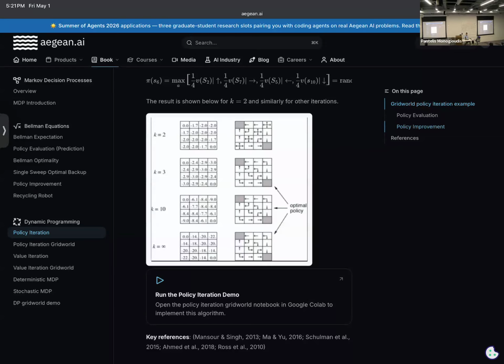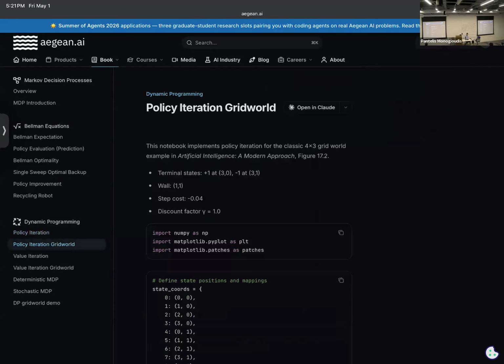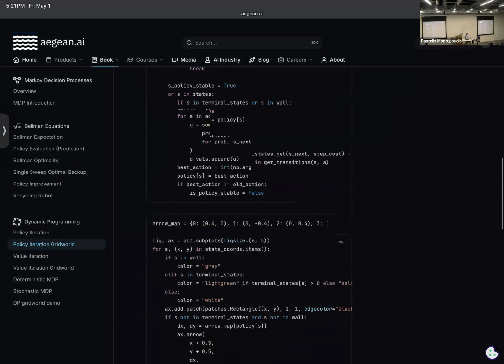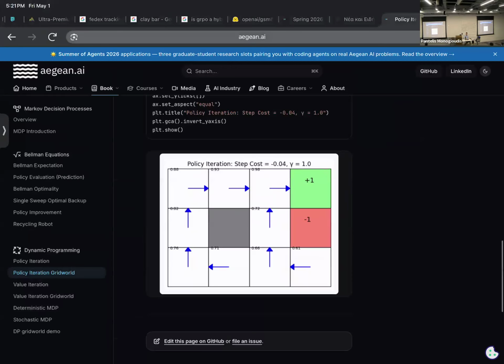So you can go through step by step in the notebook which is called Policy Iteration Grid World, and I hope you are doing that and you arrive at the solution. Put some print statements there to understand what's happening.